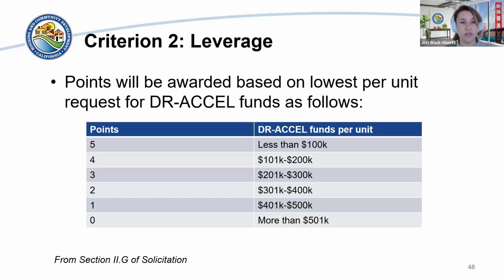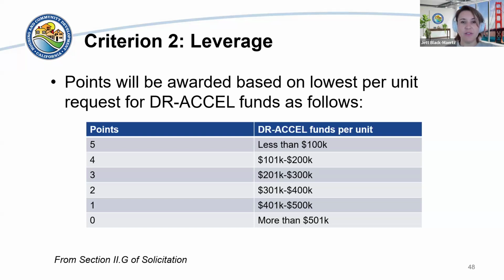Criterion 2 is leverage. Points will be awarded based on the lowest per unit request for DR Excel funds as follows. If the DR Excel funds are less than $100,000 per unit, the application will be awarded 5 points. Between 101,000 and 200,000, it'll be awarded 4 points.